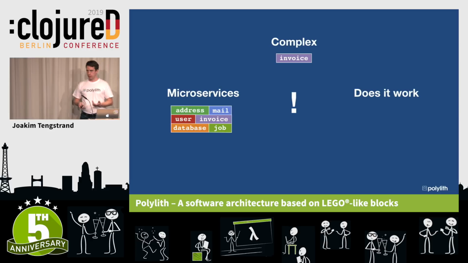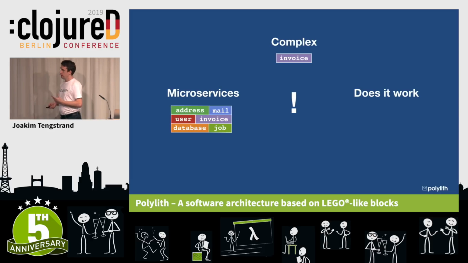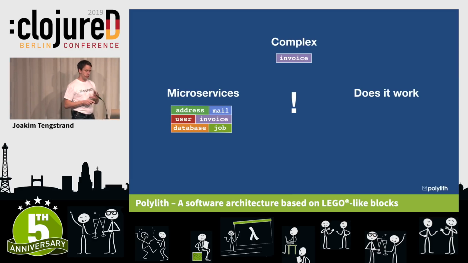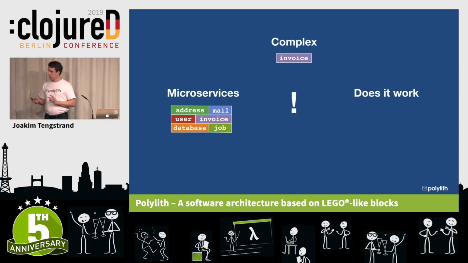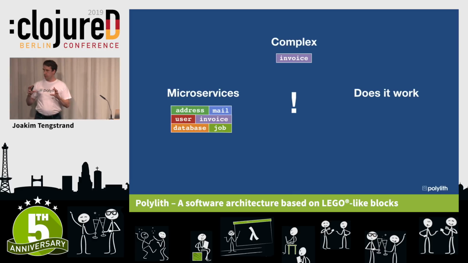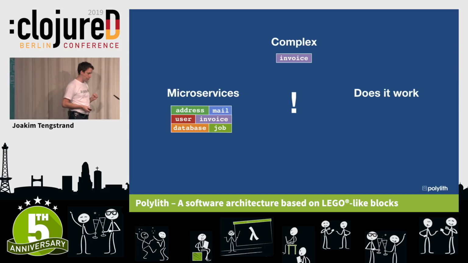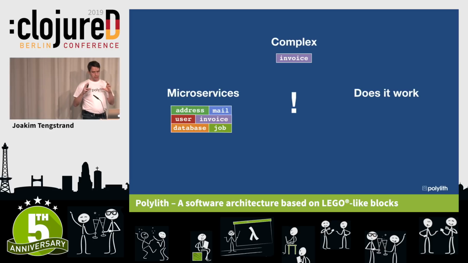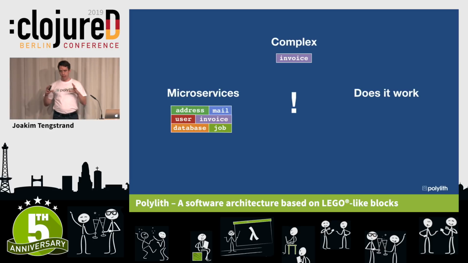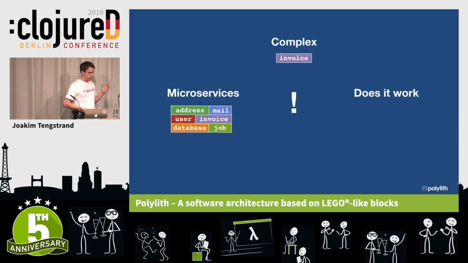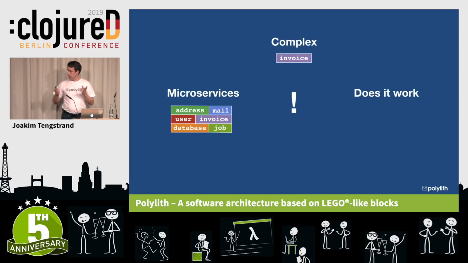And when it comes to microservices, I don't think you will talk about microservices so much when you work with Polylith. You will just talk about services, because components are your new main thing that you will use to build your isolated building blocks.